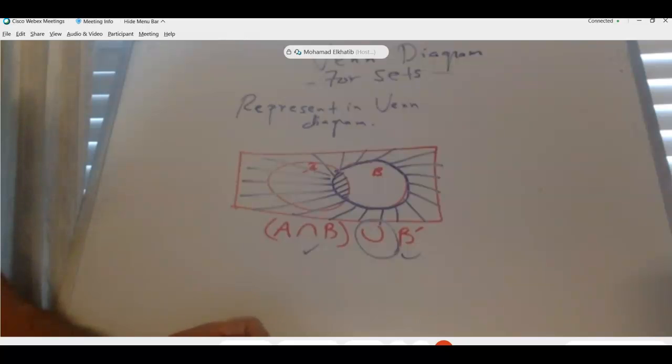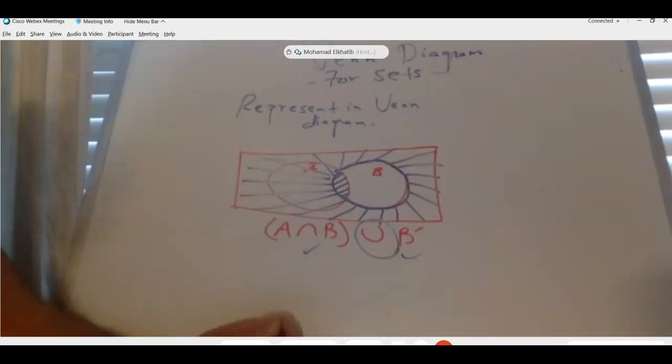For intersection, meaning U upside down, the solution will be only the overlap. Why? Because intersection means what's common.